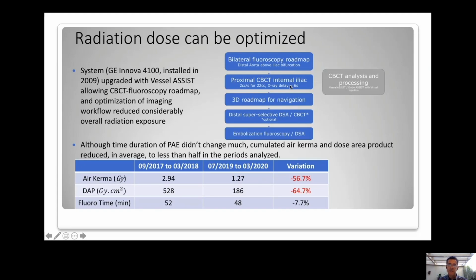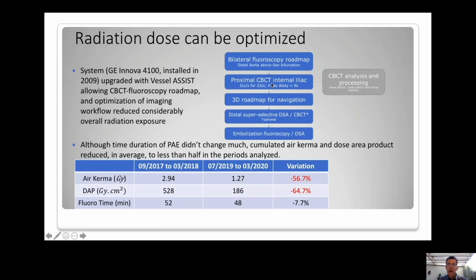In this position, when we have the catheter in the internal pudendal artery, we get a cone-beam CT. The protocol that we have used is 2 cc per second, using a total of 22 cc, with an X-ray delay of 6 seconds.